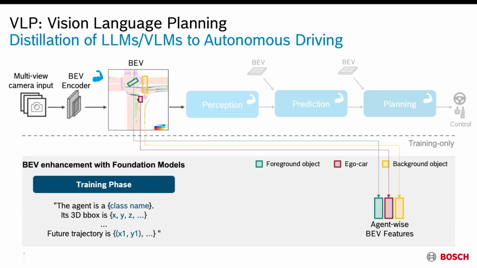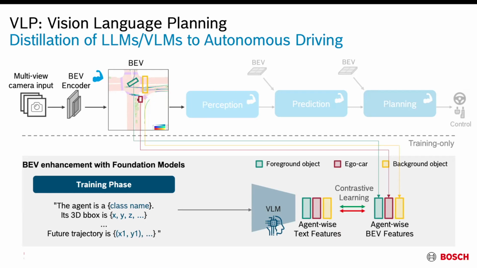Now that this is the ground truth information, I can run it through a vision language model and get my respective agent-wise text features. Now I have my textual features and I have my visual features. If you are familiar with CLIP, we can now do some alignment with contrastive learning, pulling together the positive pairs and pushing away the negative ones. This way, I can learn a better representation for my BEV encoder.